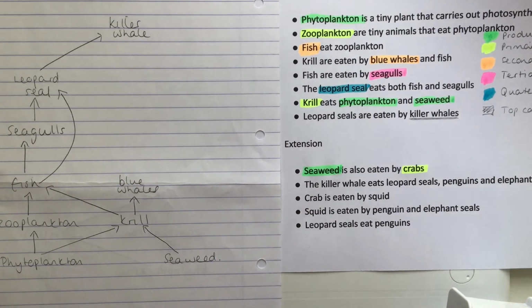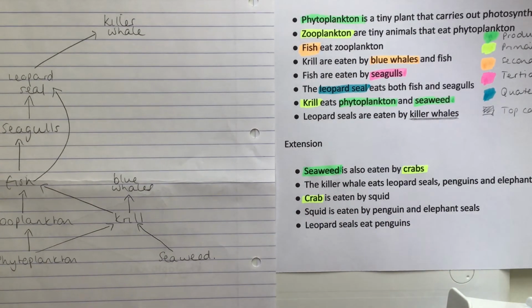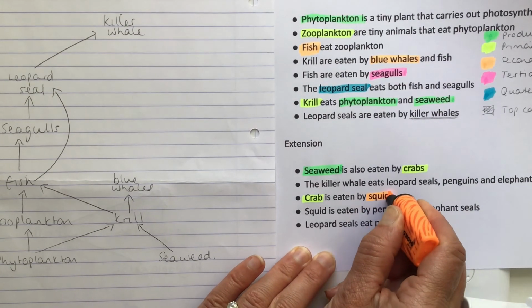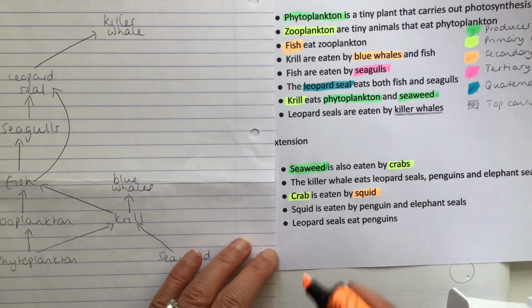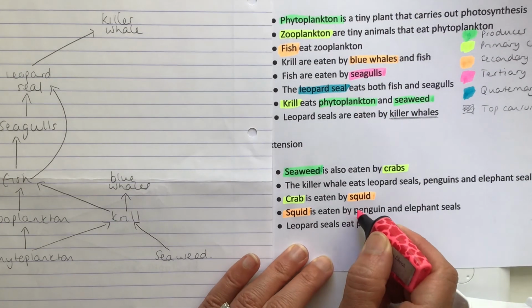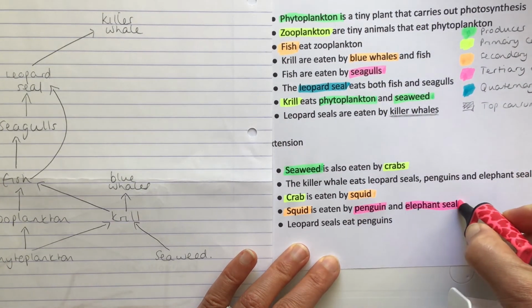Okay, so then we have our crab, I can see down here, is eaten by squid. So that tells me that squid is going to be a secondary consumer. Then we have our squid, it says, is then eaten by penguins and elephant seals. So they must be tertiary consumers. So let's put those, penguins and elephant seals, here.